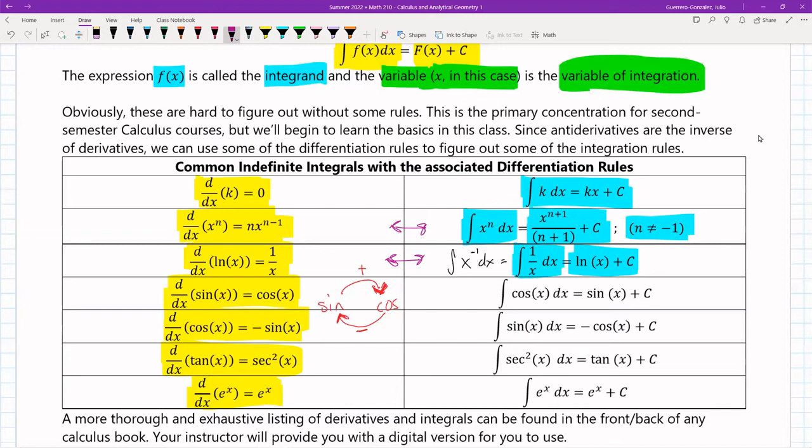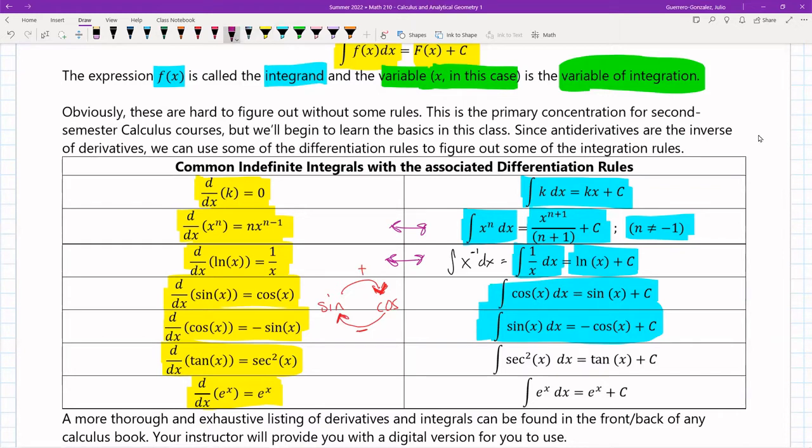Okay. Next one down. Well, next two down, actually. I'm going to go next two down. The integral of cosine of x dx is sine of x plus c. So let me show you what that means.